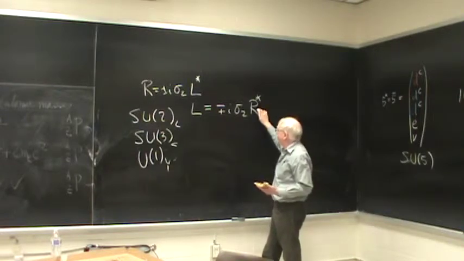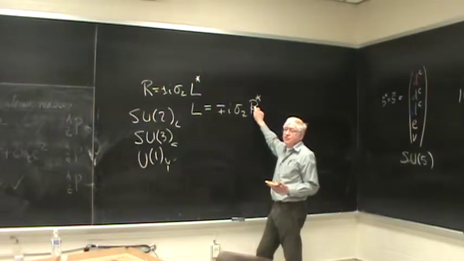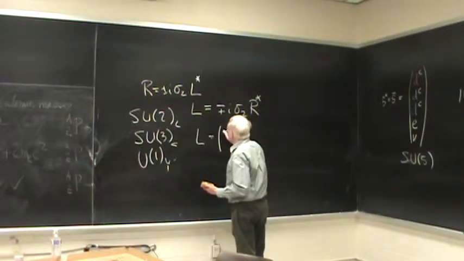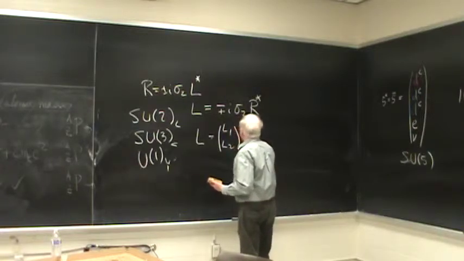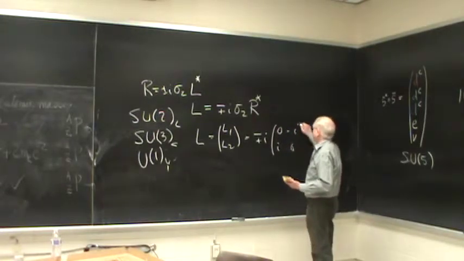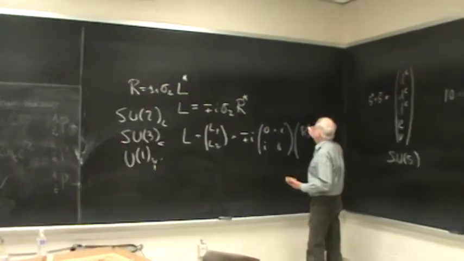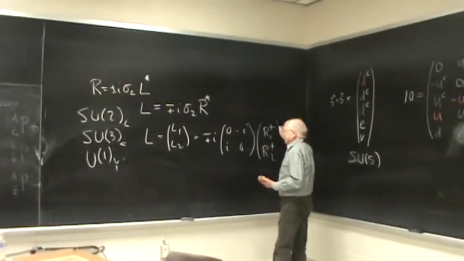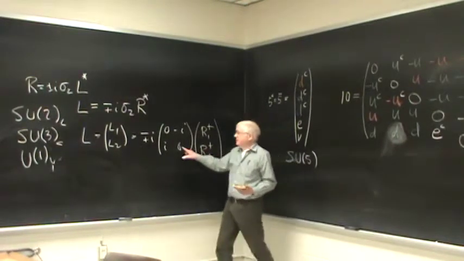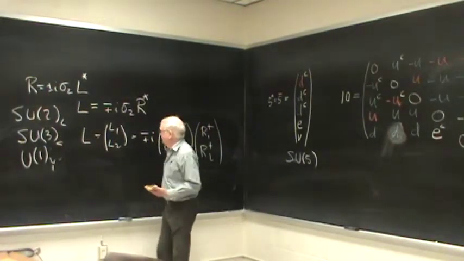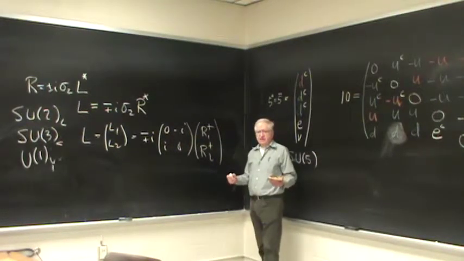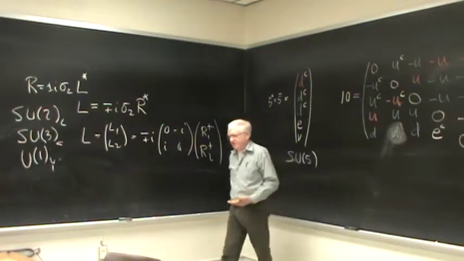You take R star, and by star I mean Hermitian conjugate, so L, which is L1, L2, equals plus or minus i sigma 2 times R1 dagger, R2 dagger. Okay? That's what I mean. So this thing makes a left-handed field. And that's what we mean by C, conjugate. We're just taking a right-handed field and making it left-handed.